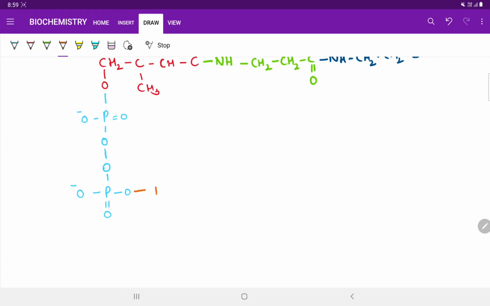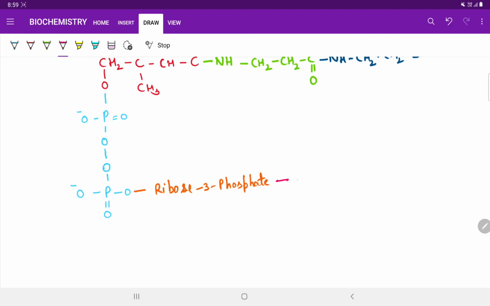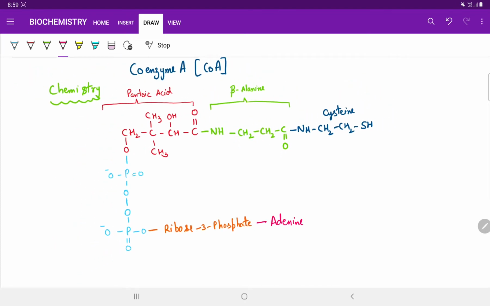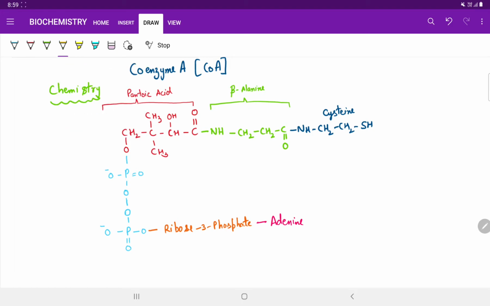At this position it will be ribose 3 phosphate, that is further attached to an adenine molecule. So you can see that this is the structure of coenzyme A.